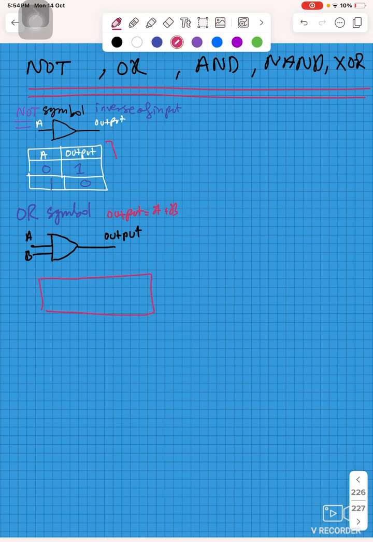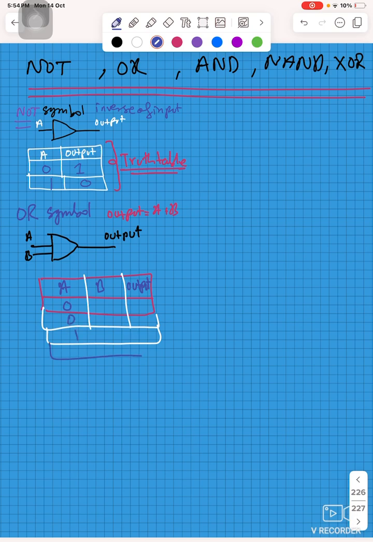One more thing. These are called truth tables. With columns A, B, and output, for the inputs we'll make our own inputs for better clarification: 0 0 1 1 and 0 1 0 1. For the OR gate, if either A or B is 1, the output we will get is 1.